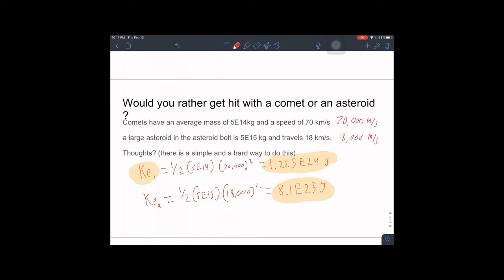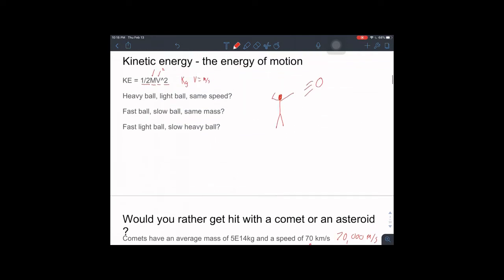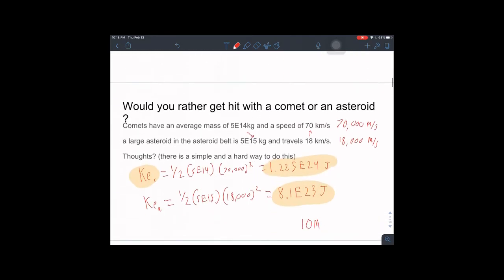We see here that the asteroid is 10 times heavier mass-wise than the comet. However, it is about 4 times slower. 18 is about 1/4 of 70 with some generous rounding. So we have 10 times the mass, but we see in the equation up here that velocity is squared.